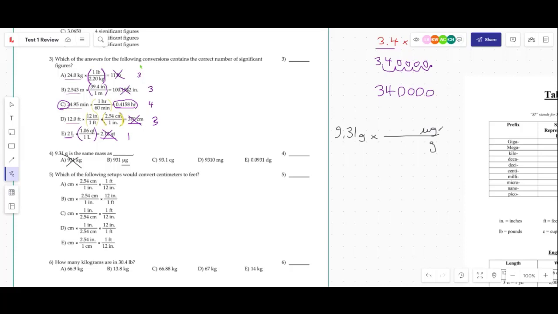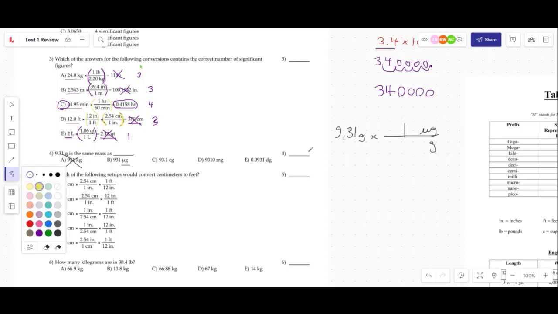I'll do microgram. As a general rule, what I like to do is always put a 1 in front of the prefix unit, and then I take the meaning of the prefix. The prefix is like the micro, and grams is the base unit.